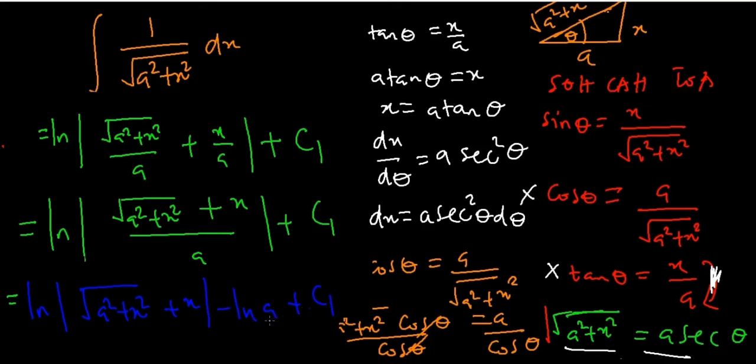But I know since a is a constant and C1 is also a constant, when you add these two, the answer should also be a constant. So you see that capital C, which is also a constant, equals C1 minus the natural log of a.